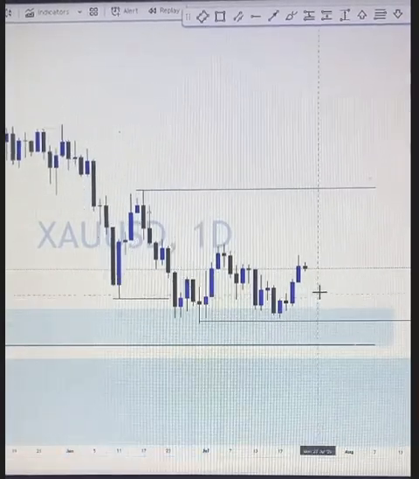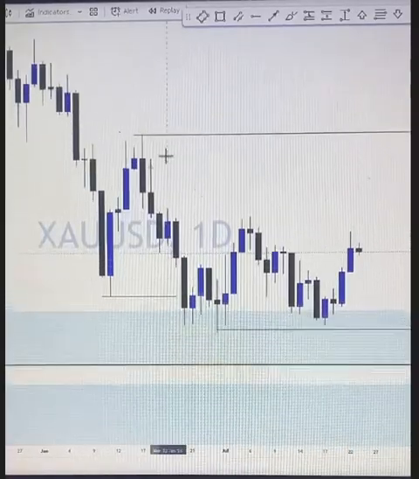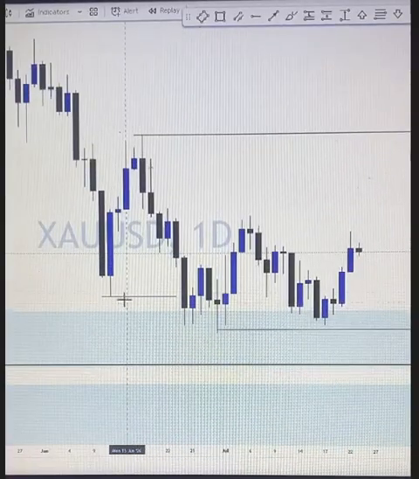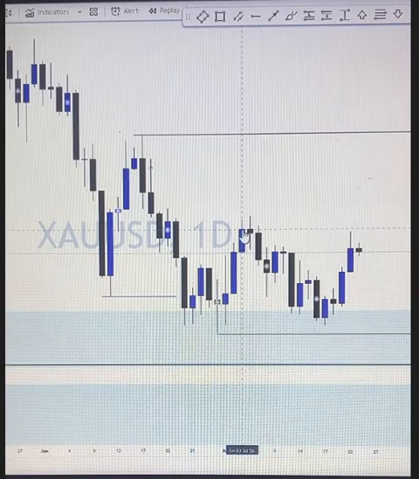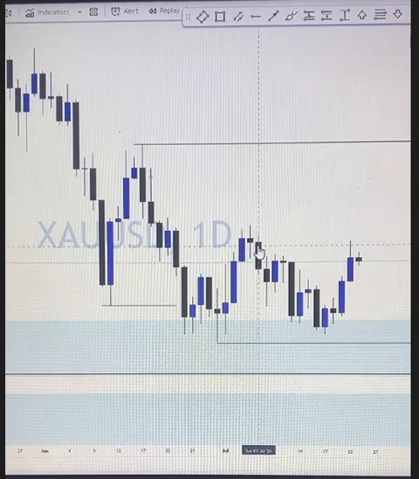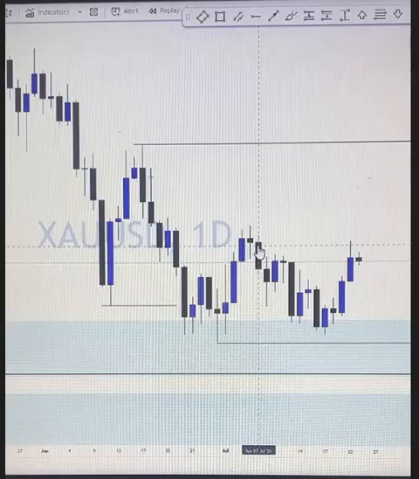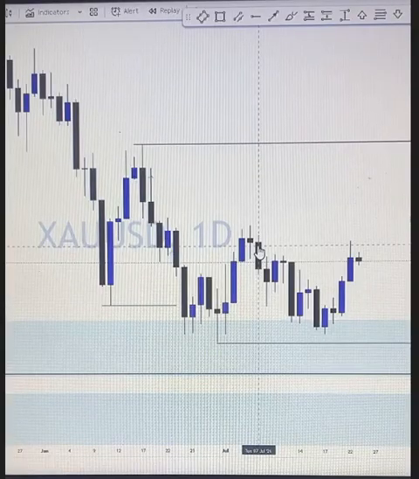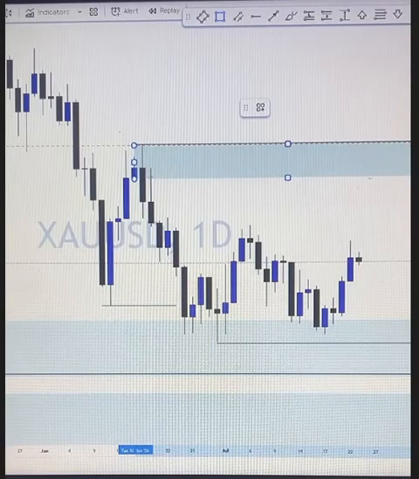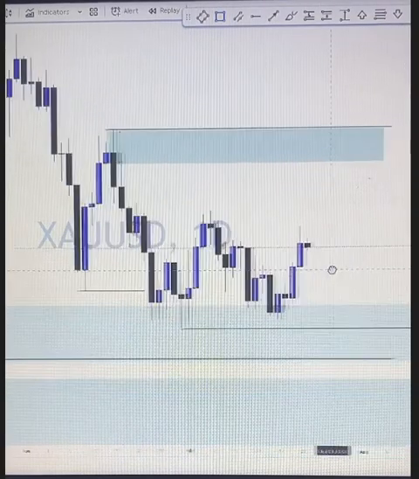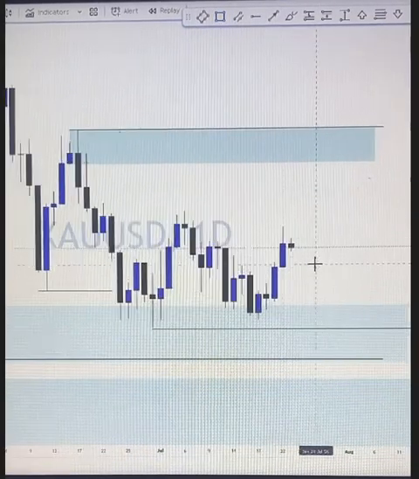Okay, so let's break it down. After we've gotten our high, our low, and our breakout, what do we do next? Kenzie, thank you. We mark our key level.